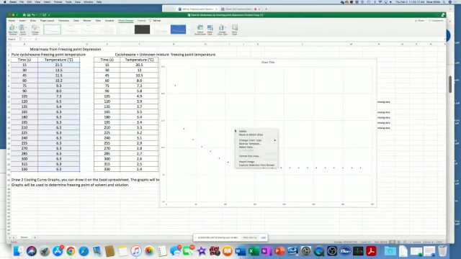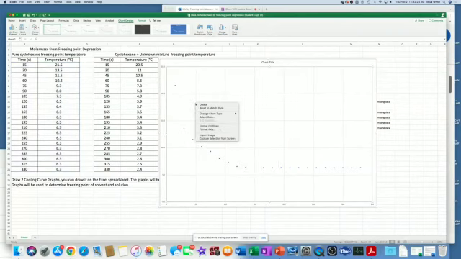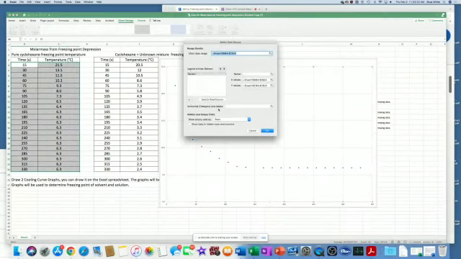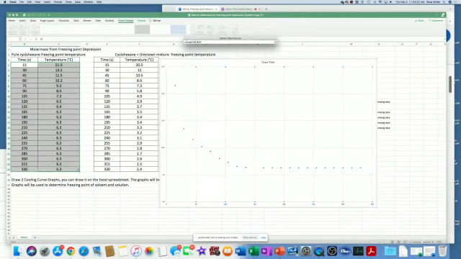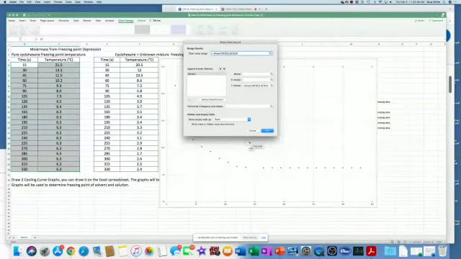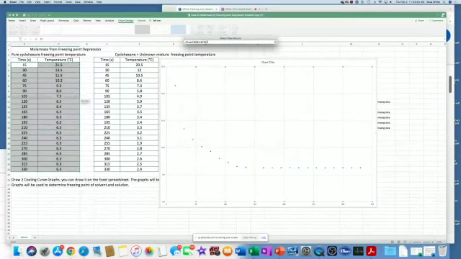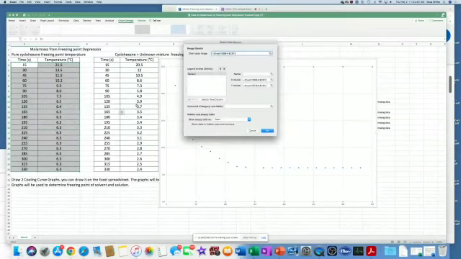So we said while I was out here, I should right click and then was it select data? Yeah. And so about this part will be the first series.